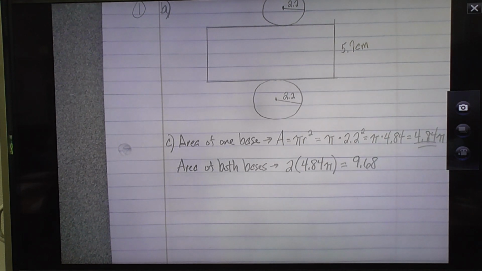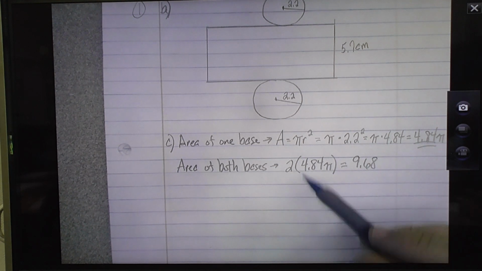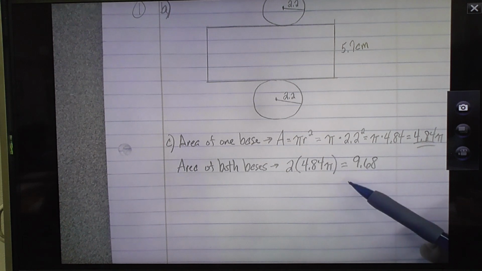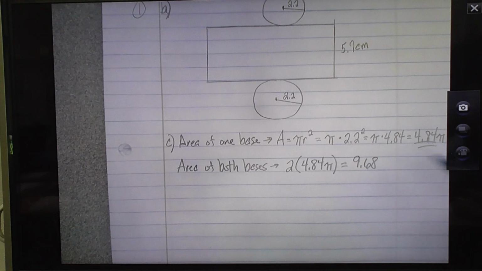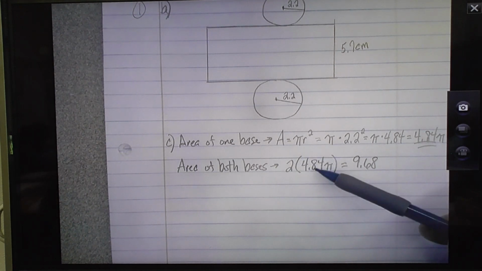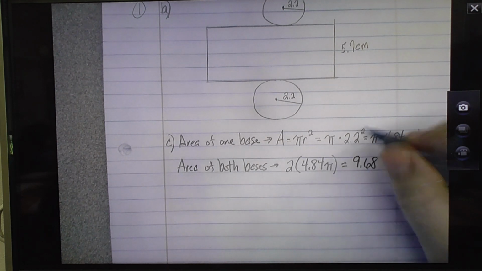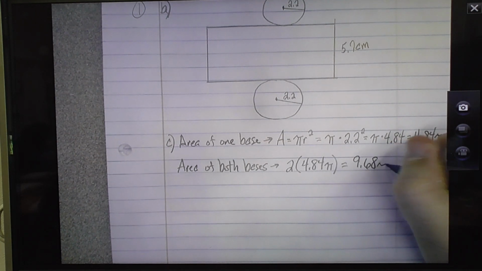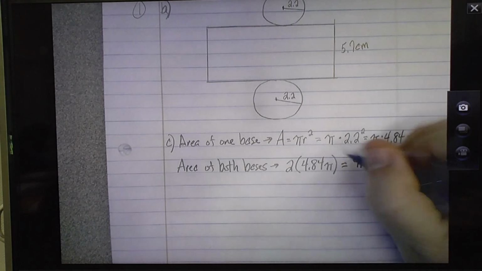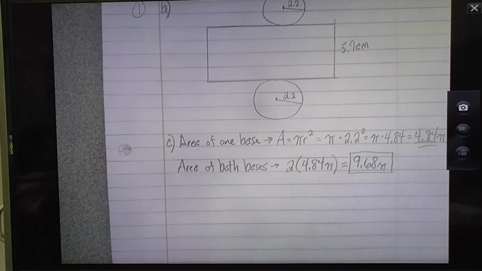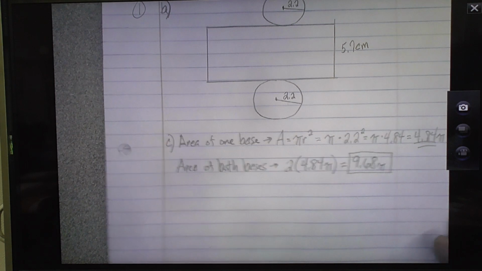Wait, am I missing anything? The pi, yeah. Because if I'm multiplying 2 times 2x, what's 2 times 2x? 4x, right? So I can't forget the variable on this one. If I'm doing 2 times 4 pi, that's gonna be technically 8 pi, but we got that decimal on here, so this is gonna be 9.68 pi. So that's both bases. And yesterday I put a box around that answer because that's gonna be part of our surface area. That's one of the numbers that we need to get to the final answer.